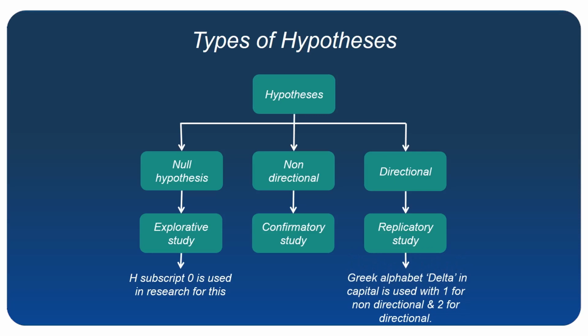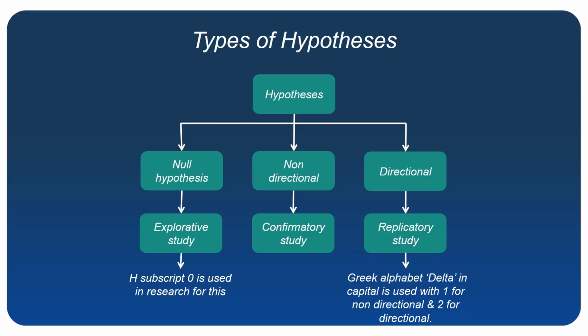They are alternate to the null hypothesis, and generally we symbolically represent null hypothesis with capital H and 0 as its subscript, whereas for alternate hypothesis we use the Greek alphabet capital delta. It is something like an equilateral triangle, where delta subscript 1 is for non-directional hypothesis, delta subscript 2 is for directional.